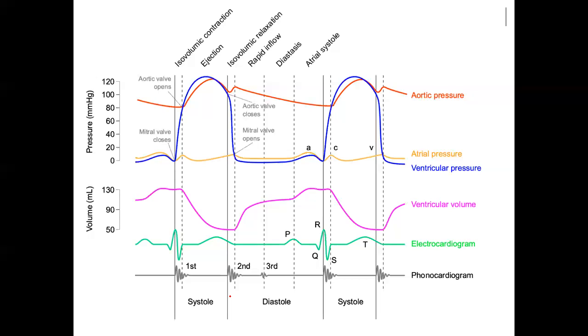The SA node fires down here. The atria starts to contract. It increases the ventricular blood volume because it's providing that atrial kick. At that point, the mitral valve closes. The aortic valve's not open yet. The aortic valve and the mitral valve are both closed at the same time.